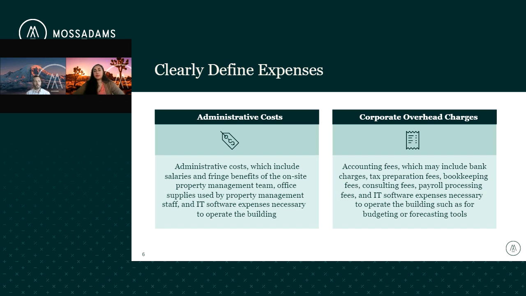Some of the major ones we see are administrative costs and accounting fees. For administrative costs, we'll see many contracts that just say administrative costs are an allowable cost, and that's it. It doesn't define it. So a lessee looking to proactively manage costs may have questions or potentially disputes. We'd recommend defining what an administrative cost is, what types of personnel can charge to it, and what overhead considerations would be allowable.